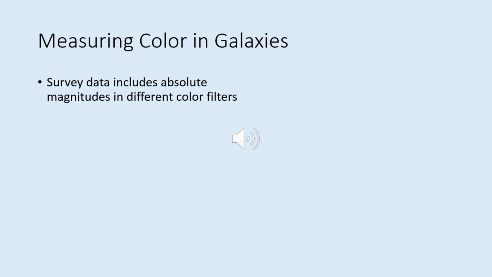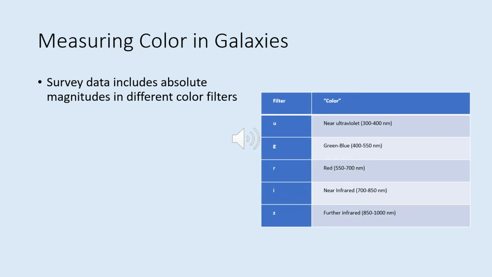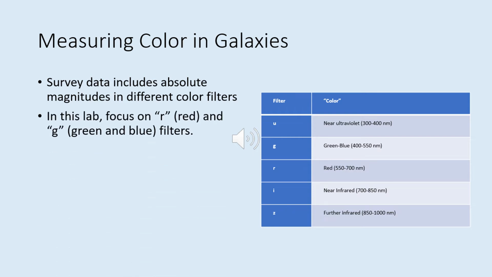The survey that the Galaxy Zoo data is based on includes the absolute magnitudes of galaxies in different parts of the spectrum. This is done by taking images of the galaxies through different colored filters. The magnitudes we'll be focusing on in this lab are the ones measured through the R, or red filter, and the G, or green filter.